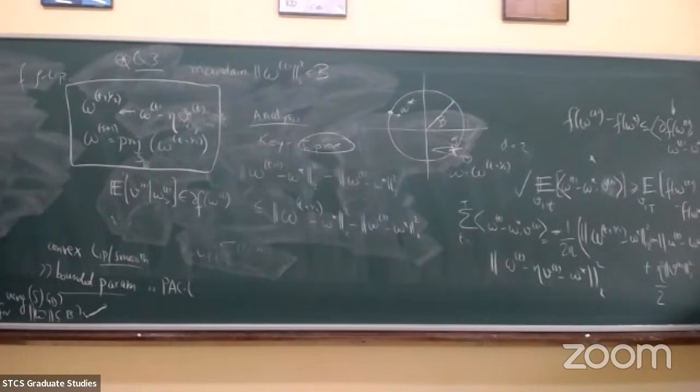So yes, it's the only choice of randomness in here. In SGD, this expectation is at most the min over W in H, where H is your sphere of radius B.